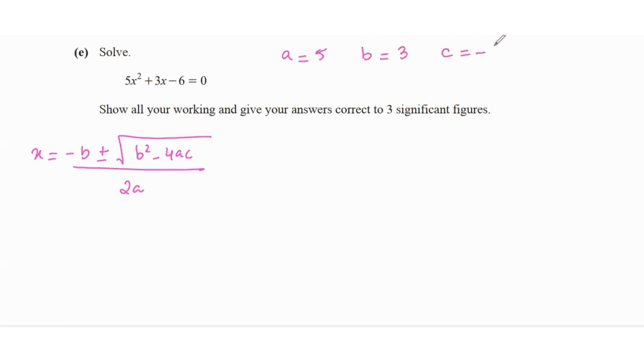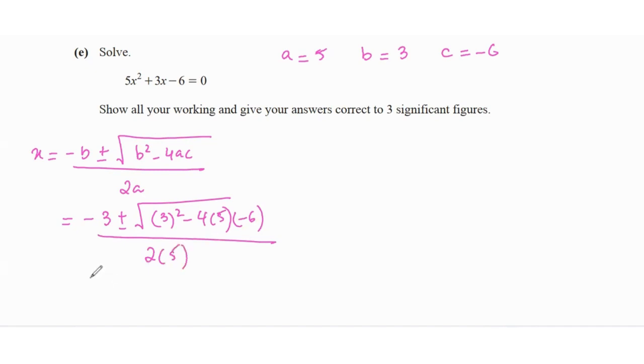And c is the constant, which is negative 6. So negative 3 plus or minus square root of 3 squared minus 4 times 5 times negative 6 over 2 times 5. Which is going to be negative 3 plus or minus square root of 129 over 10.